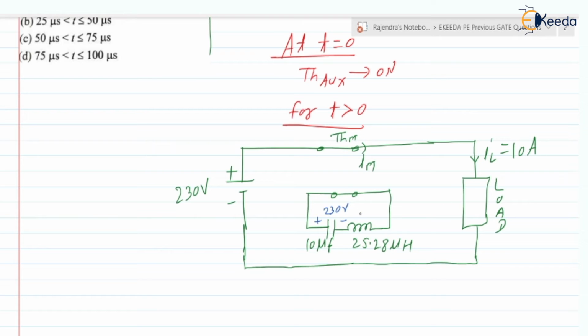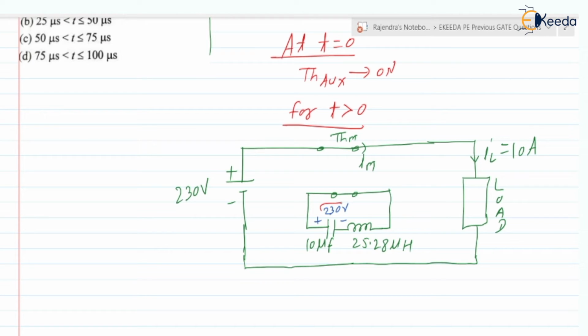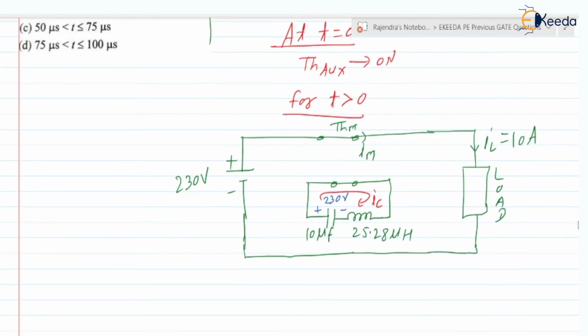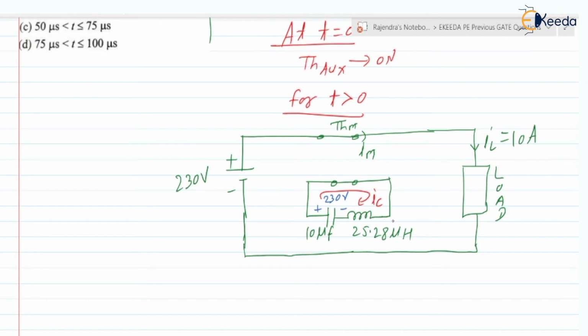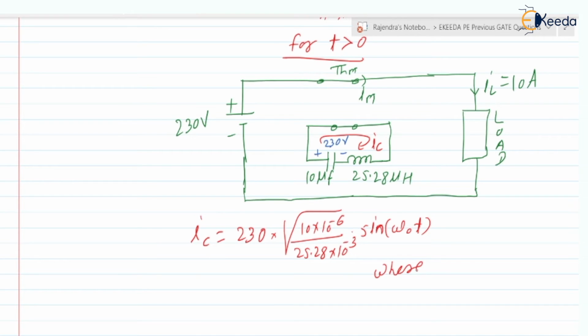So the discharging current of the capacitor, IC, will have the expression, as we know the capacitor is discharging through the inductor, so IC is equal to 230 into root of C by L, that is, C is 10 into 10 to the power minus 6 divided by L, that is 25.28 into 10 to the power minus 3, into sine of omega 0 t, where omega 0 is equal to 1 by root LC.